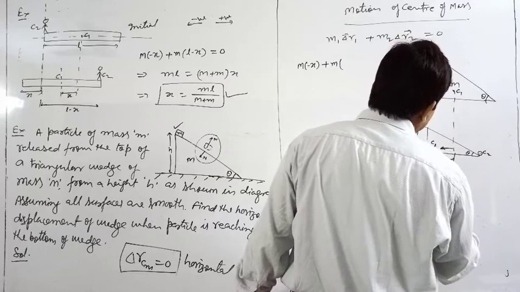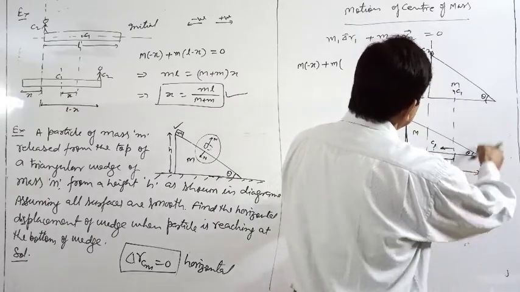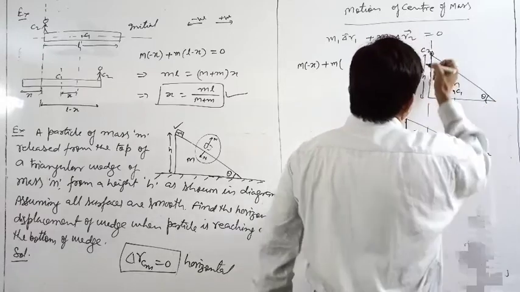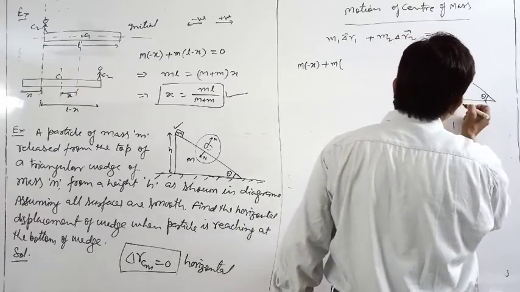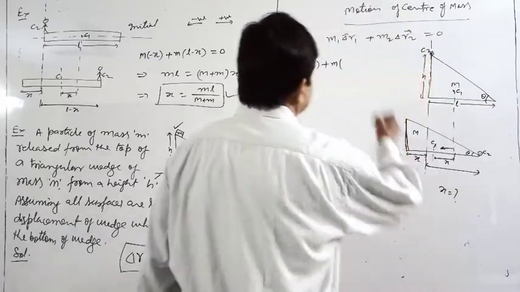So this is equal to the total length minus x. Let this length be L, so L minus x.